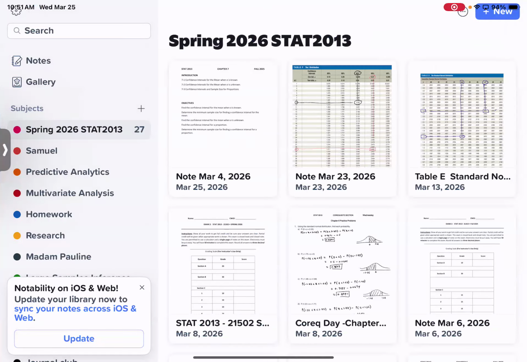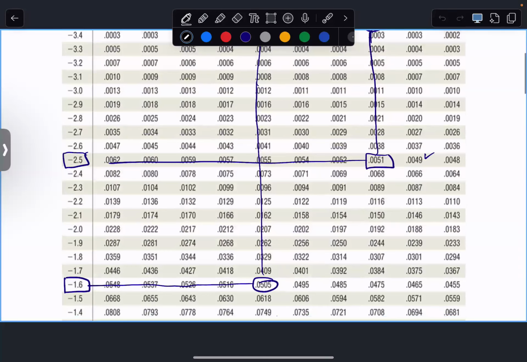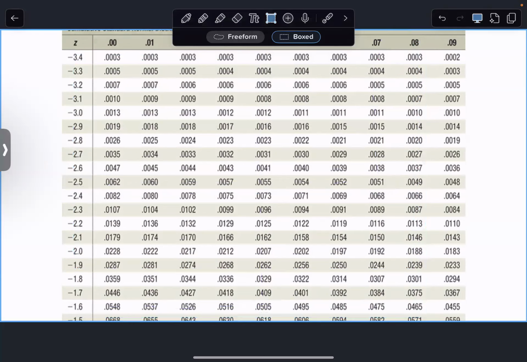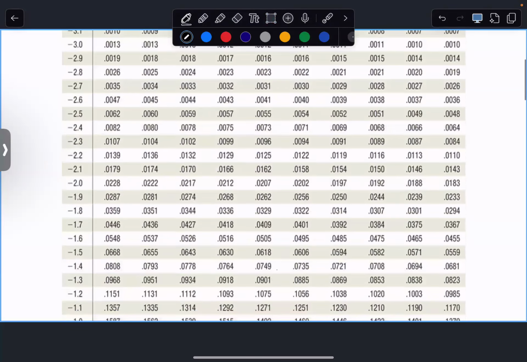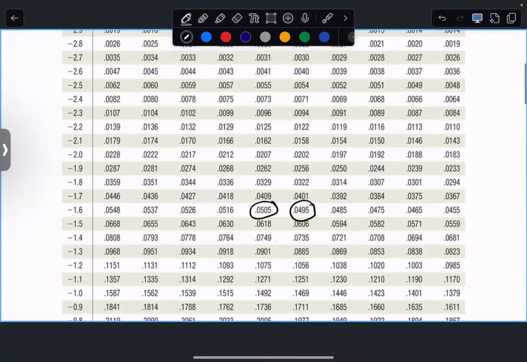So we go to our z table to look for this critical value, looking for 0.05. 0.05 is between this and this, so you can choose either of them.